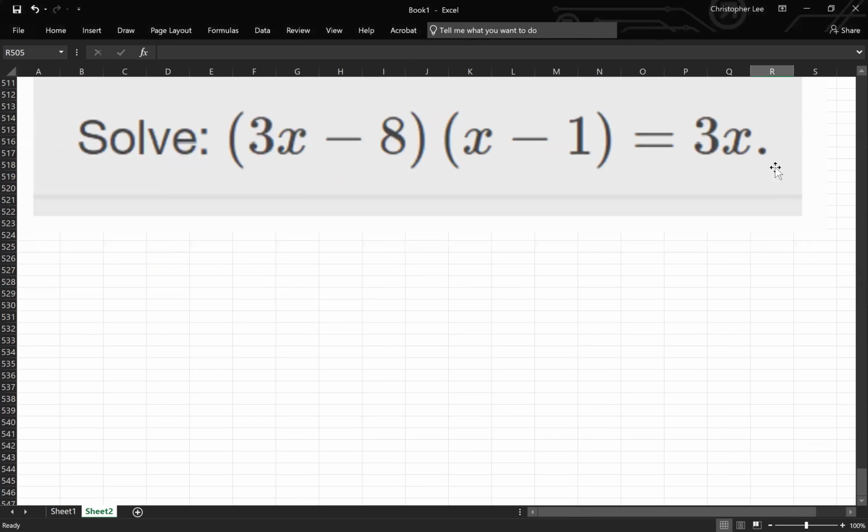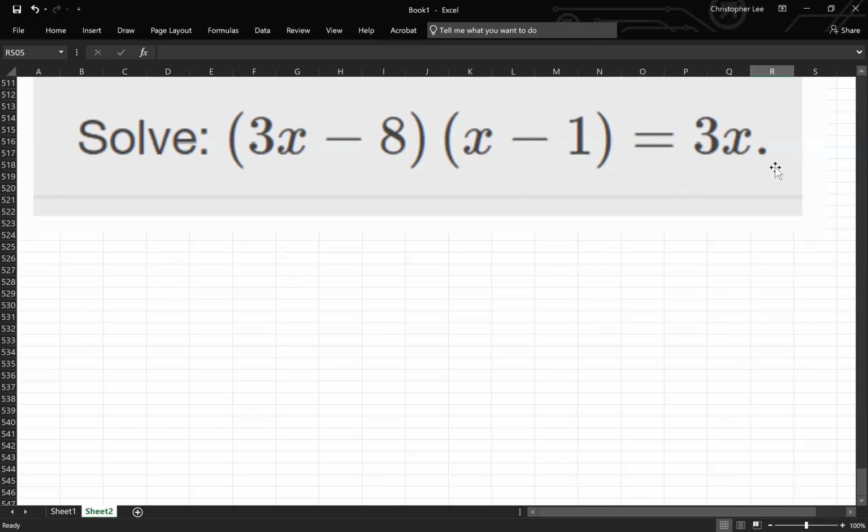It might look crazy, but real talk, it's the same question that we did from before. All you're gonna do: distribute, combine like terms, put everything on one side, factor, set the factors equal to 0, and we're done. Light work, right?